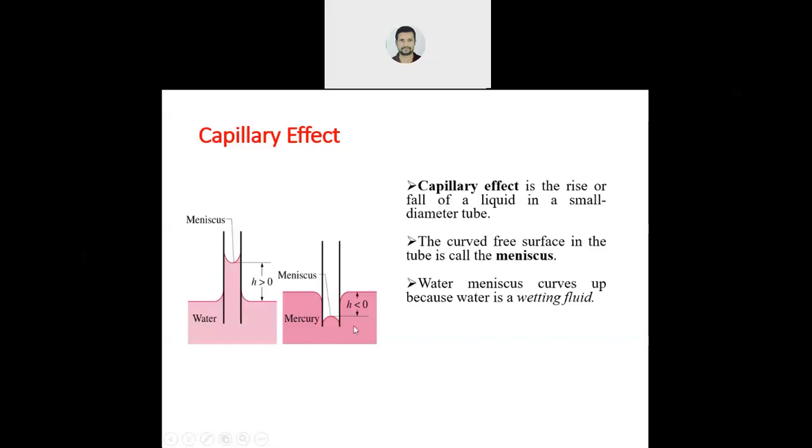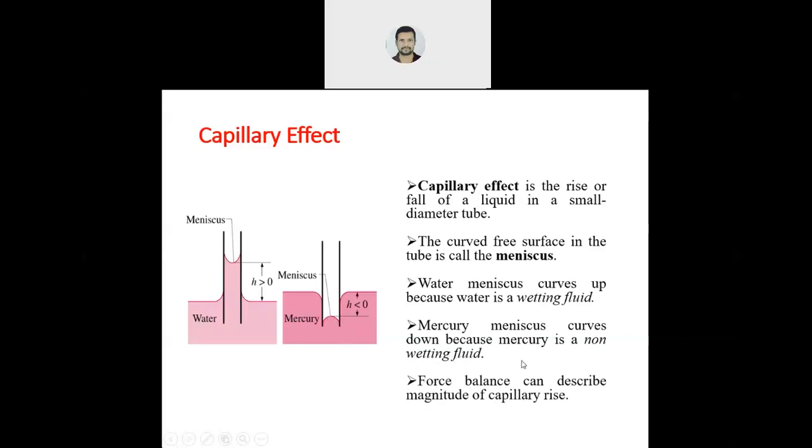But mercury, the nature of mercury is that it is a non-wetting fluid. Non-wetting fluid means it will not wet the surface or walls of this tube. Okay, that's why the meniscus is falling down in the mercury. Something is written here. It is a non-wetting fluid. Okay, so the meniscus is going down.